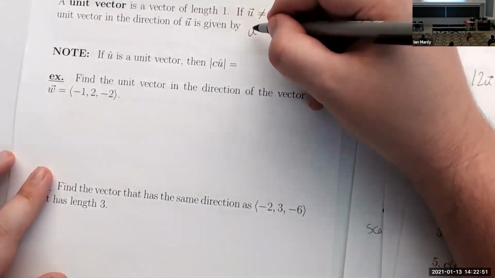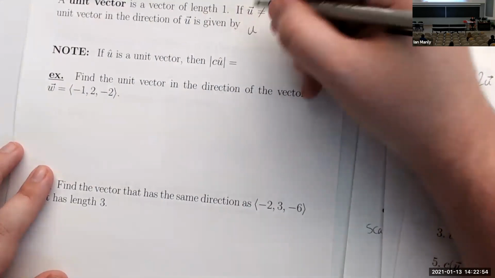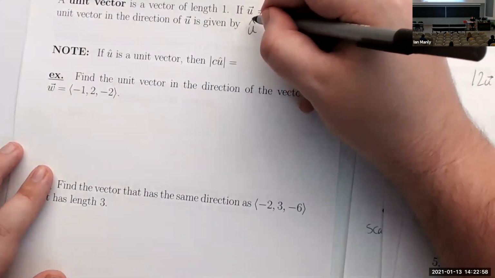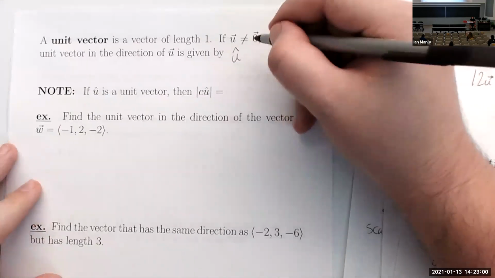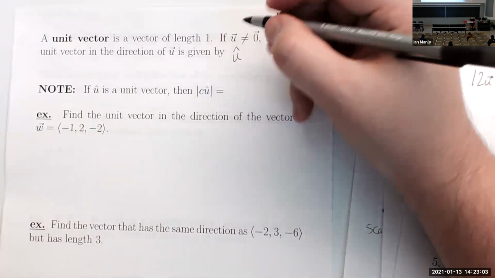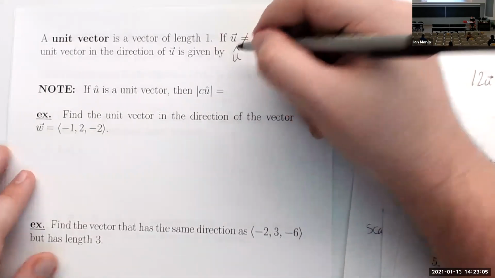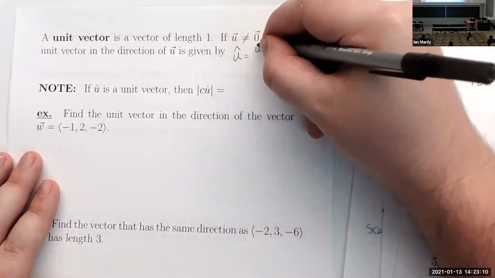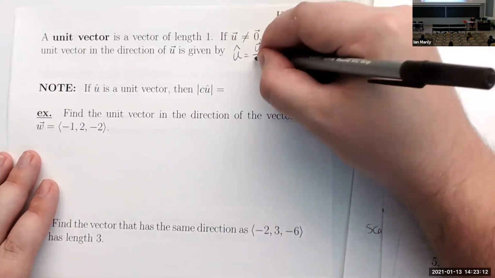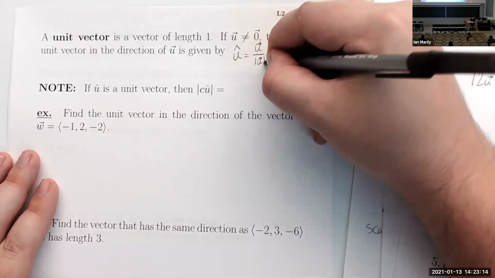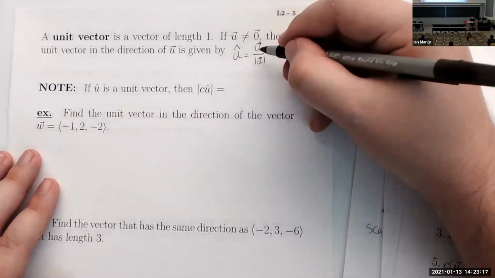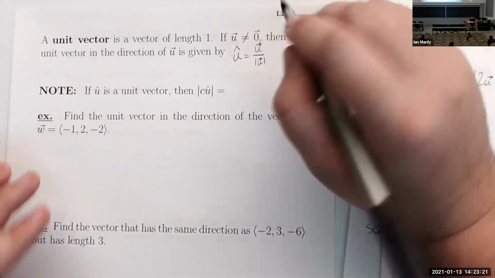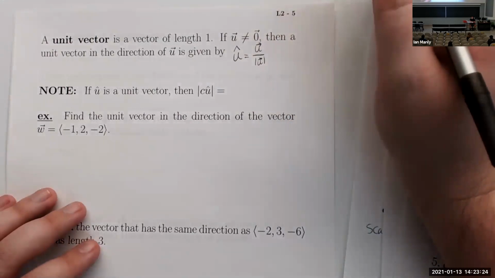The way I express that is u with a little angled thing over it, and this is pronounced u hat because it looks like a silly little hat. The way we get this is we take our original vector u and divide it by its magnitude. So effectively, we're scaling the size of our vector down to 1, and then all we have left is the information about its orientation.